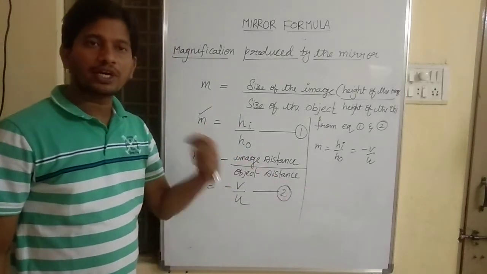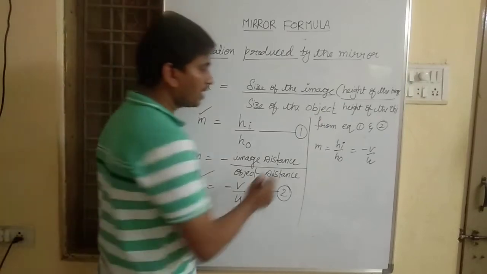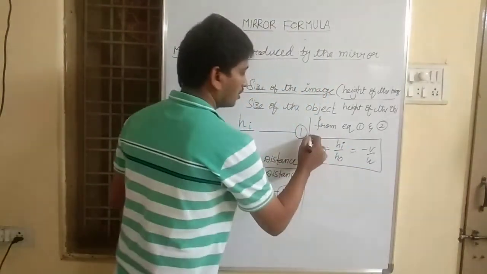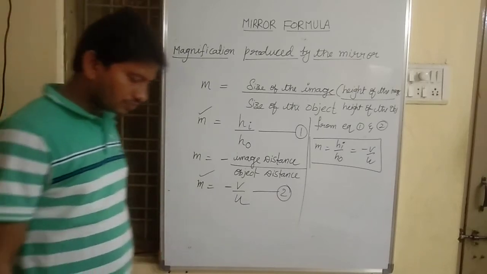We can also find the height of the object and the height of the image. So the formula is M equal to Hi by Ho equal to minus V by U.